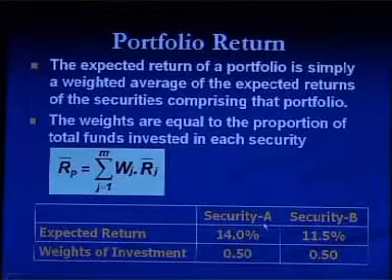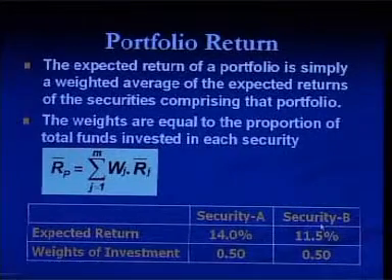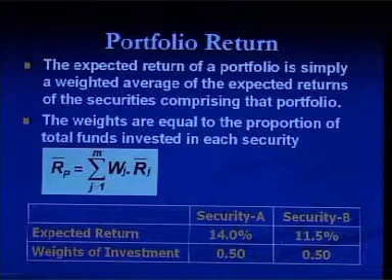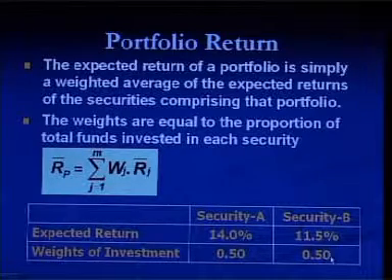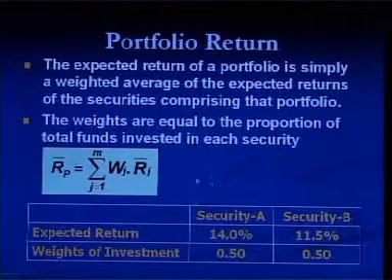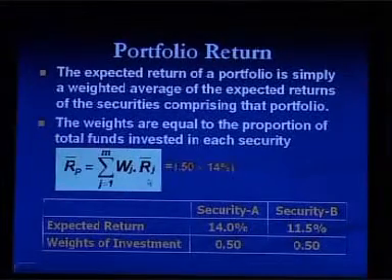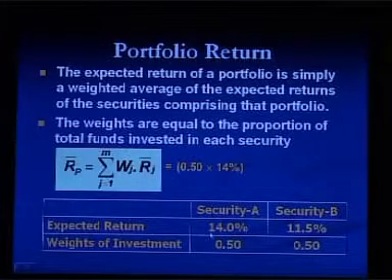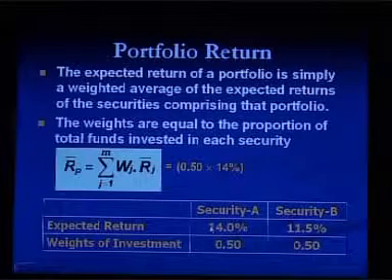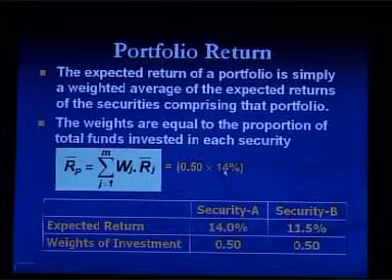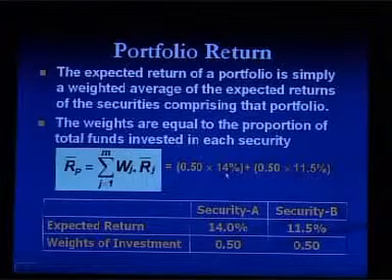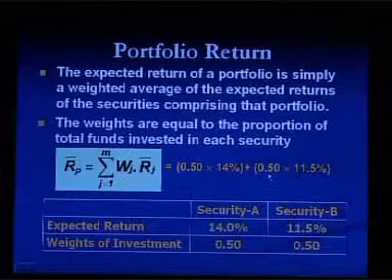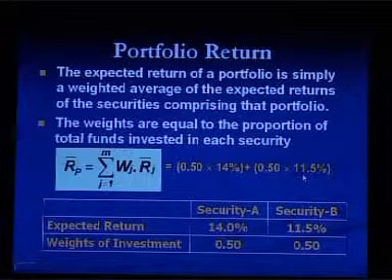there are two securities, security A and security B. If we want to make a portfolio of these two securities, making 50% investment in security A and 50% investment in security B, then we can calculate the expected return of the portfolio by using this formula, where for security A, 0.50 is the weight, and 14% is the return for security A. Now, we have to add for another security, where 50% weight for security B and expected return for security B is 11.5.